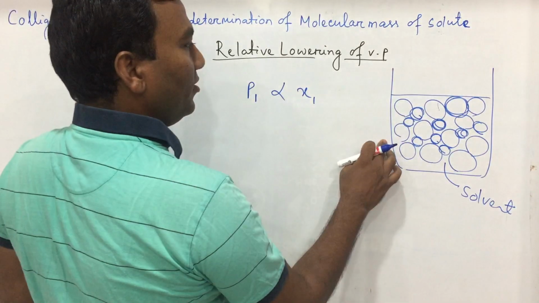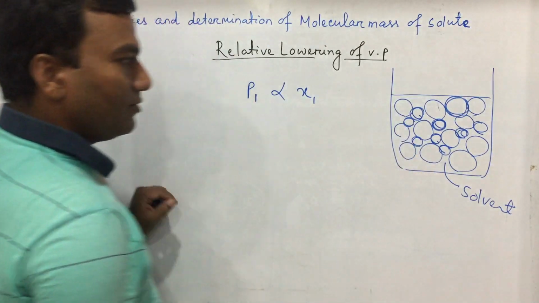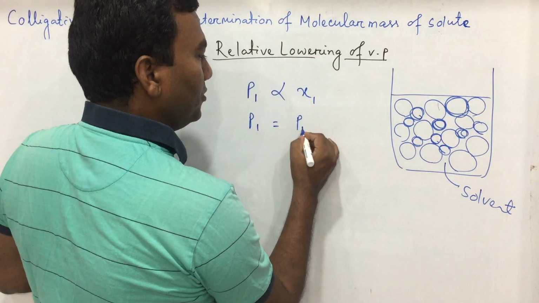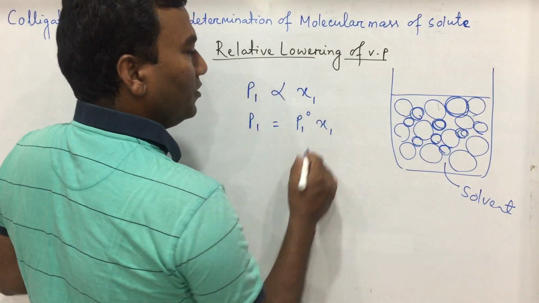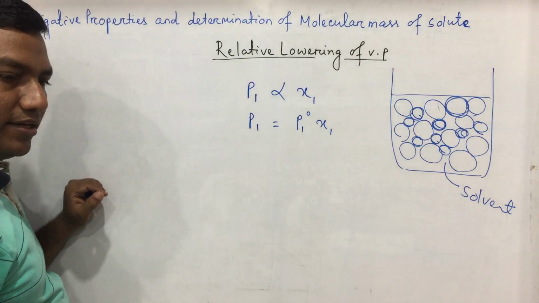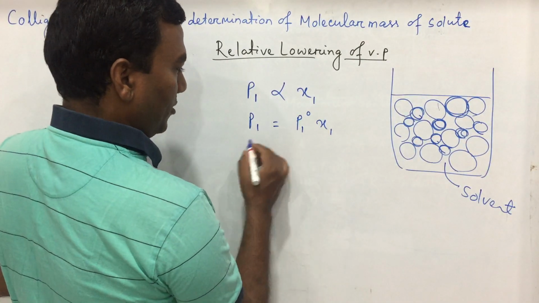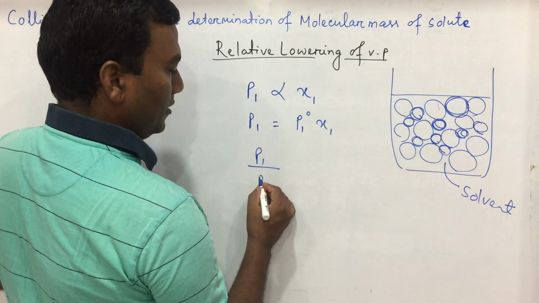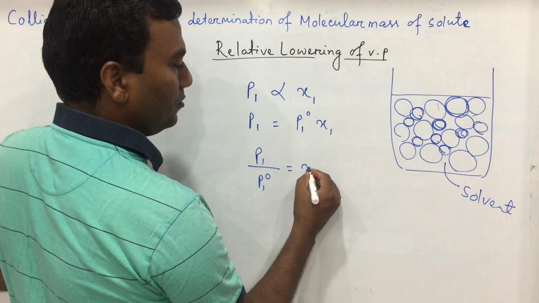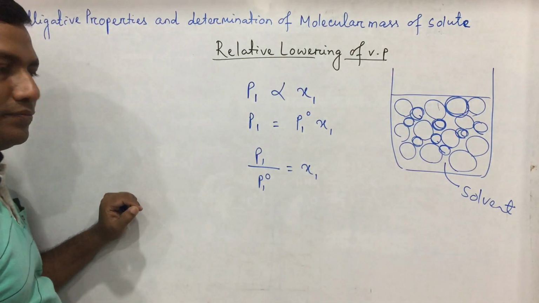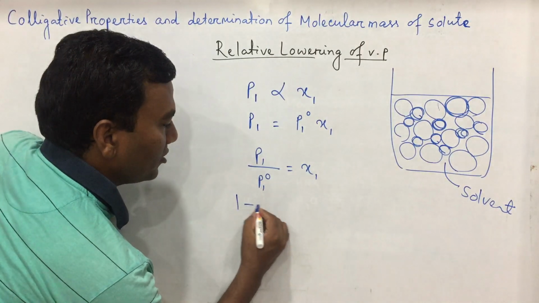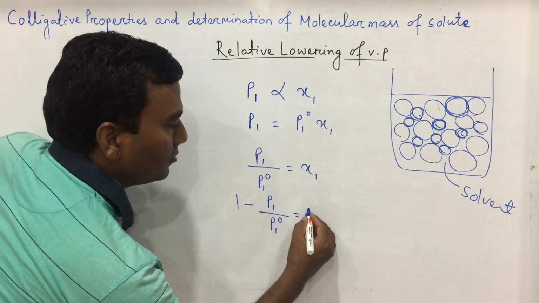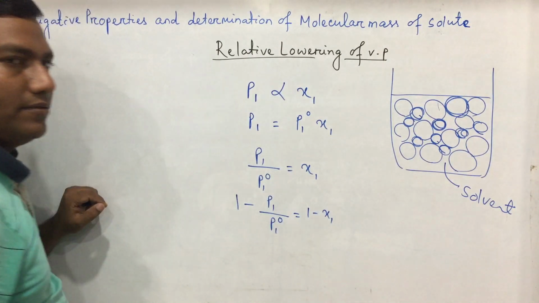So P1 is directly proportional to X1, or P1 equals P1 naught into X1. Clear? Take P1 naught this side: P1 by P1 naught equals X1. Now subtract both sides from 1: 1 minus P1 by P1 naught equals 1 minus X1.